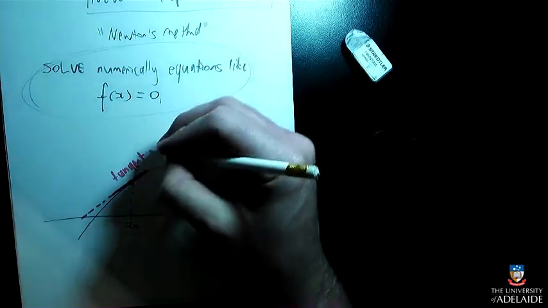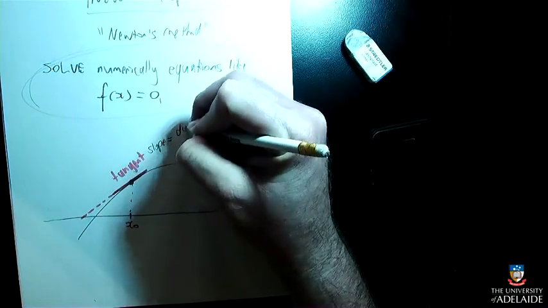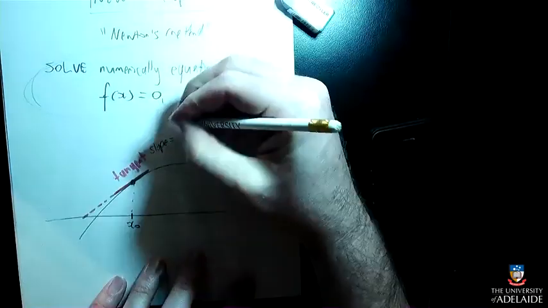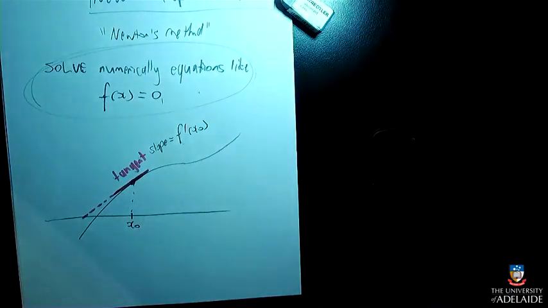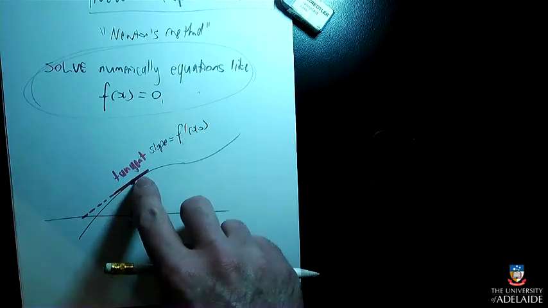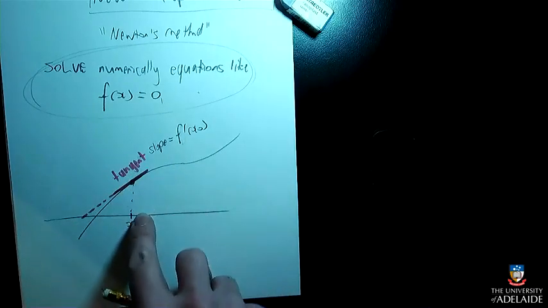So this slope is what dy over dx is at this point. It's f dashed of the point x naught. That's what the slope of the tangent is. And the slope of the tangent can also be calculated by going back whatever this distance is, and down whatever this distance is.